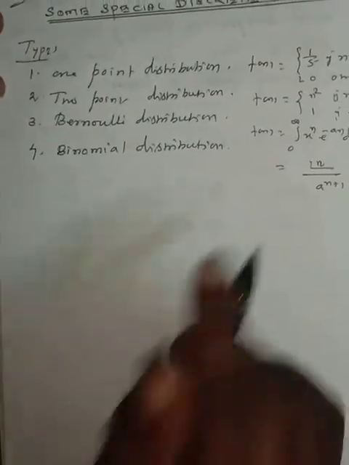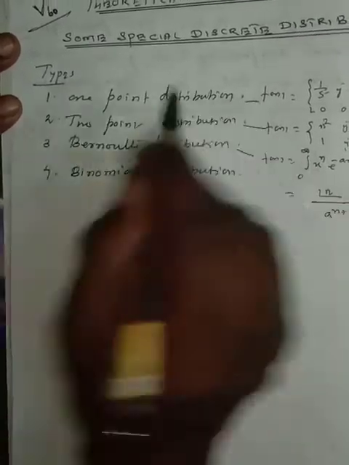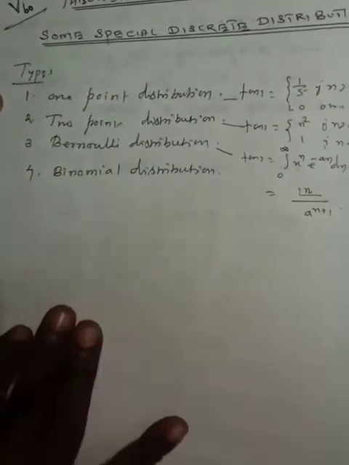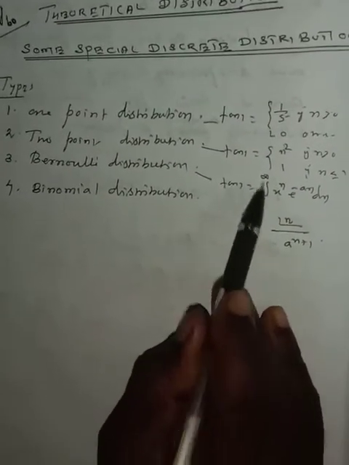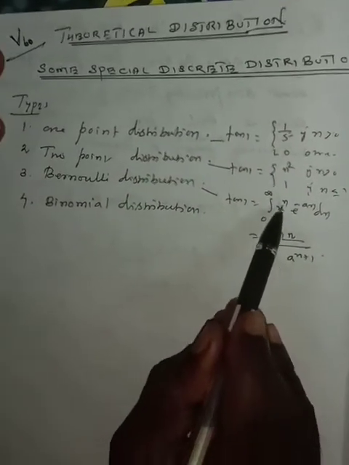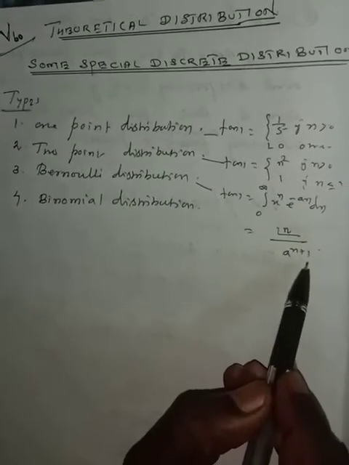Next, Bernoulli's distribution, binomial distribution. Bernoulli's distribution is f of x equal to the integral from 0 to infinity of x to the power of n e to the power of minus x dx, which is n factorial divided by a to the power of n.